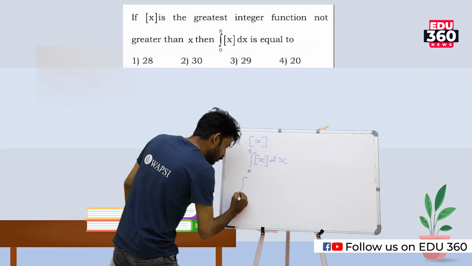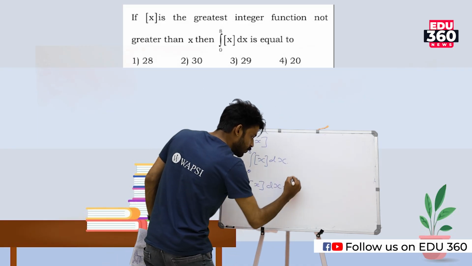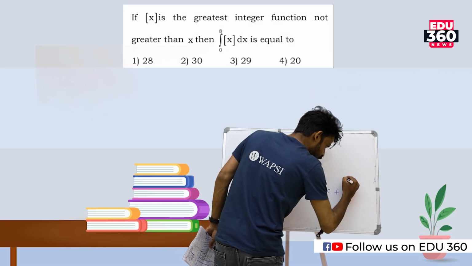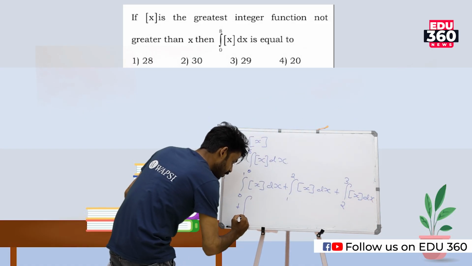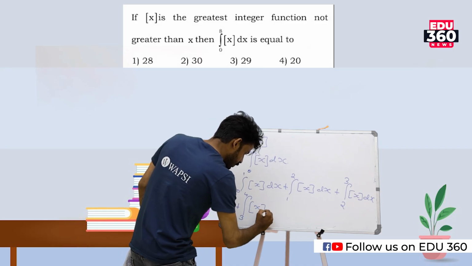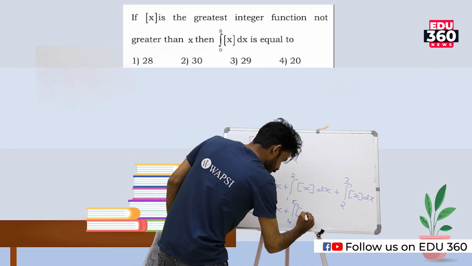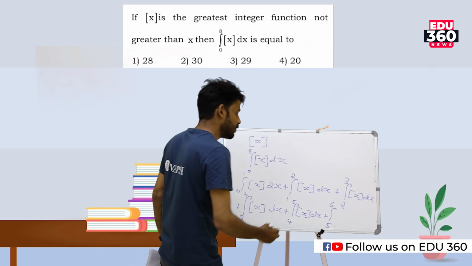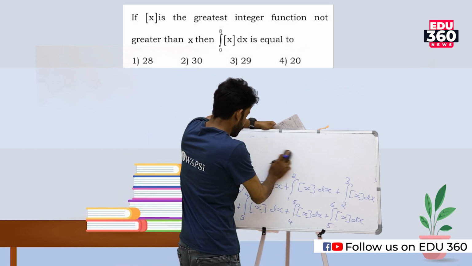We can write it as the integral from 0 to 1 of [x] dx plus the integral from 1 to 2 of [x] dx plus the integral from 2 to 3 of [x] dx plus the integral from 3 to 4 of [x] dx plus the integral from 4 to 5 of [x] dx plus the integral from 5 to 6 of [x] dx plus what is the remaining? There are two terms remaining.